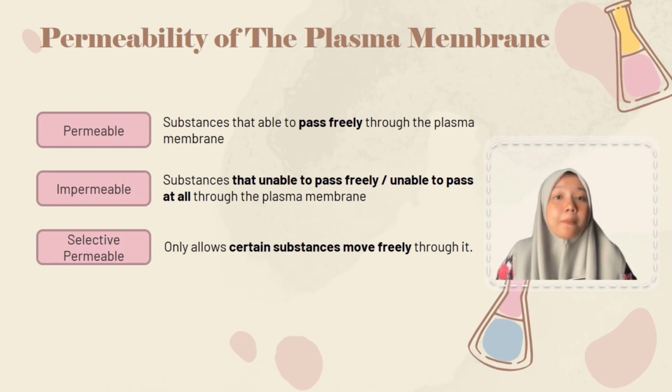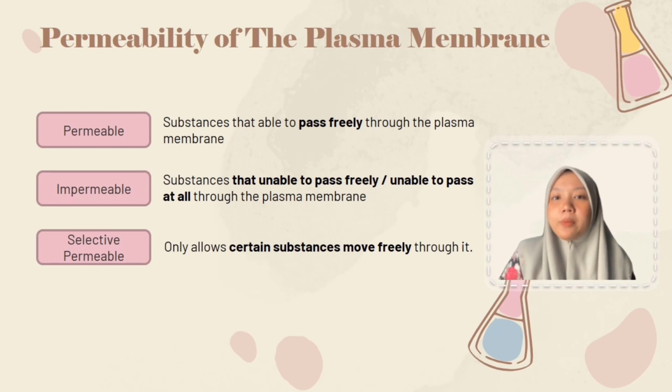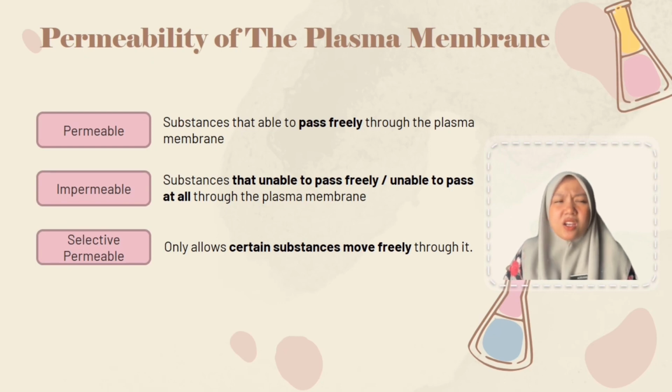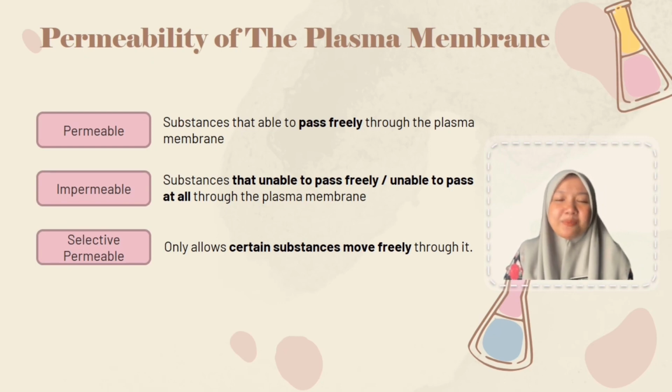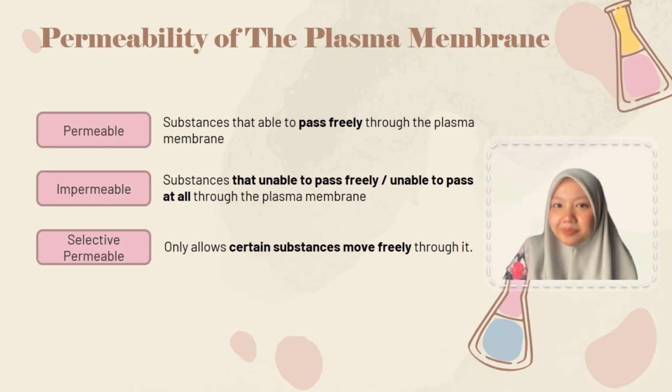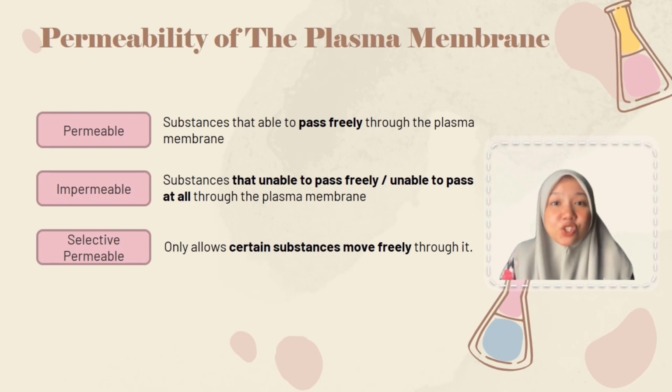Some molecules cannot pass through the plasma membrane, but with the help of carrier protein or channel protein, they can pass through it. So, I want to ask you, what do you think the permeability of the plasma membrane is? The plasma membrane is selectively permeable.